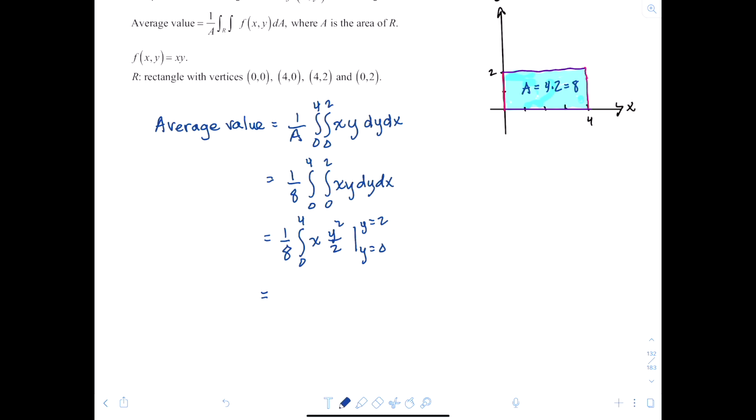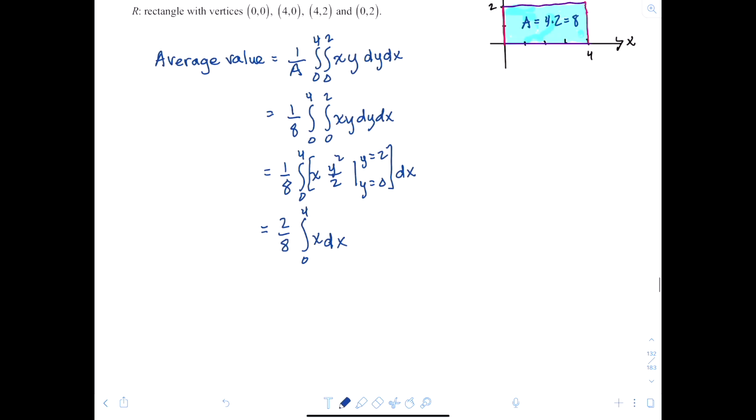So I'd end up with 2/8, bringing that out, integral from 0 to 4 of x dx. Sorry, I forgot to leave my dx here. And so that'll be 1/4 times x squared over 2, and x is ranging from 0 to 4.